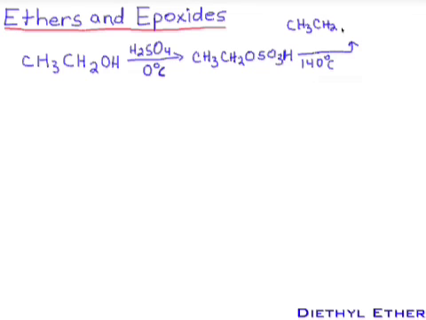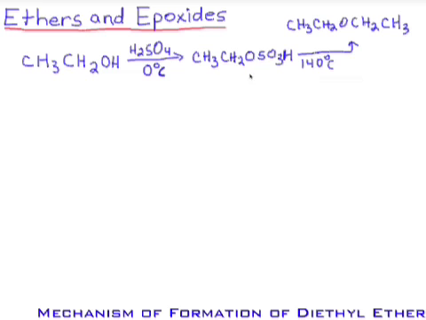Now, how does this reaction proceed? Well, it turns out that ethanol acts as a nucleophile and does an SN2 backside attack on ethyl hydrogen sulfate.